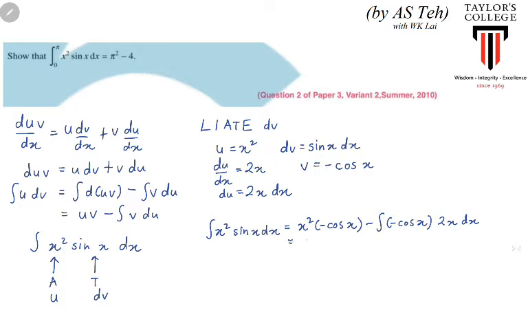Okay, so we have negative x squared cos x plus 2 times the integral of x cos x dx. So we see that we again arrive at a situation where we may require integration by parts. Based on LIATE again, I identify this as the algebraic function, while this is the trigonometric function.